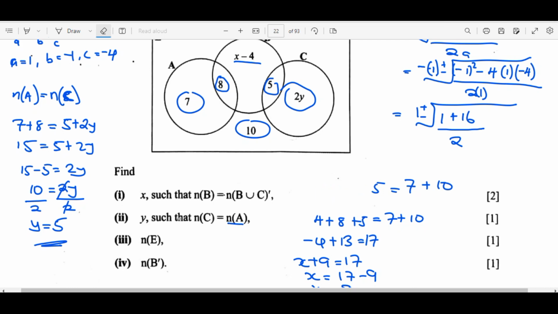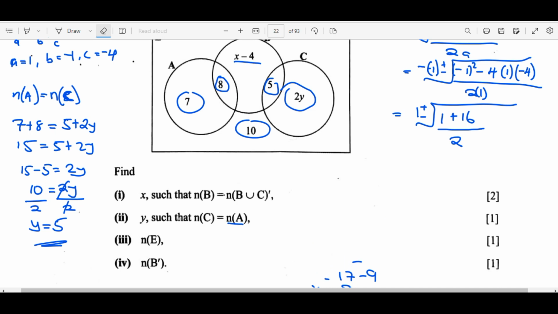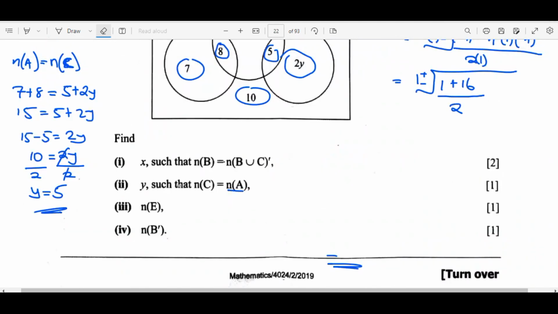So because we're looking at the number of E, E is equal to, we have everything, which is 7 plus 5 plus 8, plus 10, plus open bracket 8 minus 4, close, and then plus 5 plus 2, open bracket 5, close. Then is equal to what? We can work out on the calculator.